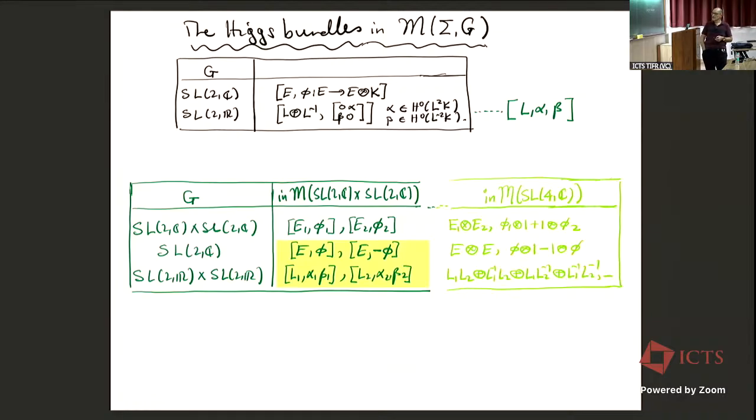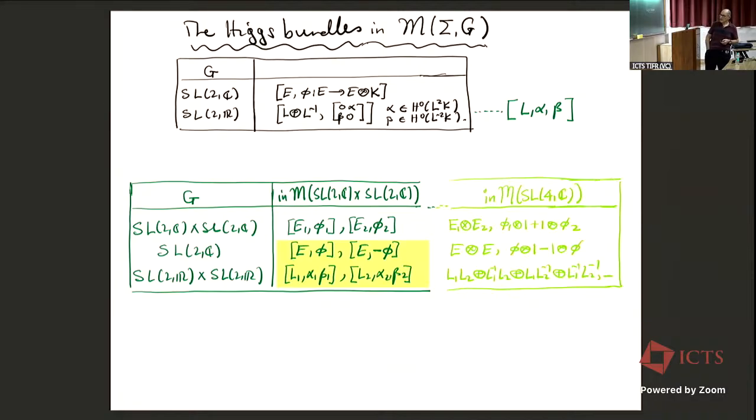The SL2R Higgs bundles viewed as SL2Cs with extra constraints are rank 2 bundles of this form, a line bundle plus its dual, and the Higgs field has to have this particular structure. So the object is determined just by a line bundle and these two pieces of the Higgs field. Instead of writing it out like that, I'll just record the three pieces of information. A triple like this corresponds to an SL2R Higgs bundle viewed as an SL2C with special features.